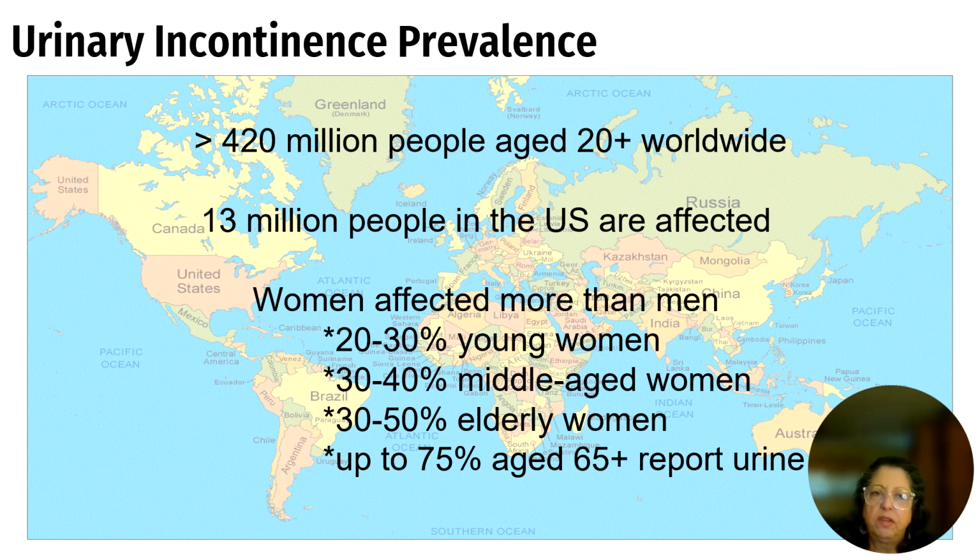So this is not just sequestered in the United States. People all over the world are affected by urinary incontinence. Women are more affected than men, and the reason why that may be could be diabetes, stroke, impaired mobility, cognition. Impaired mobility or cognition can increase the chances of that problem with incontinence.